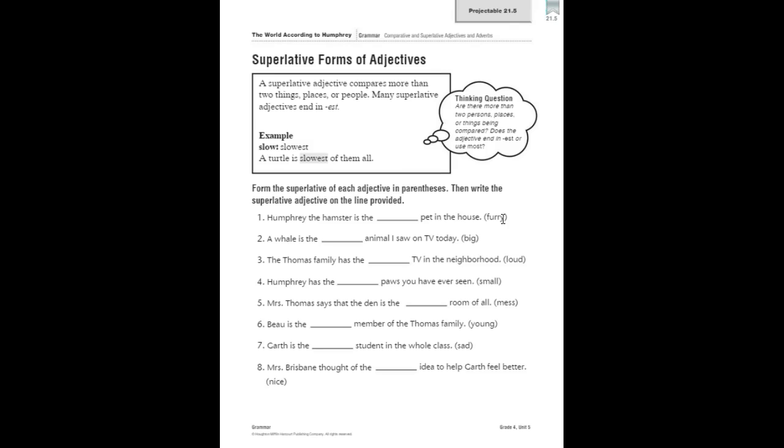Right, biggest. And here we have a vowel consonant, and so we double this consonant before we add the est. There's lots of little rules like that before you can add your suffixes. Do a few more of these examples, pause the video, and then you can check if you got them right.